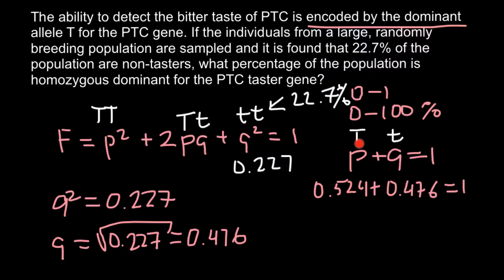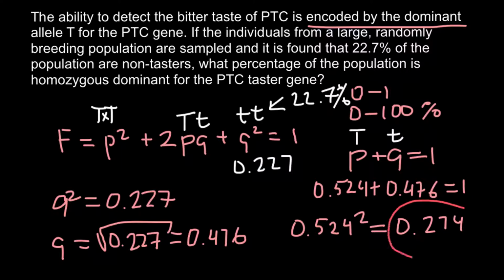We know the frequency of the dominant allele T, and to find the frequency of the genotype TT, we multiply 0.524 by itself. 0.524 squared equals 0.274. And this is going to be our answer today.